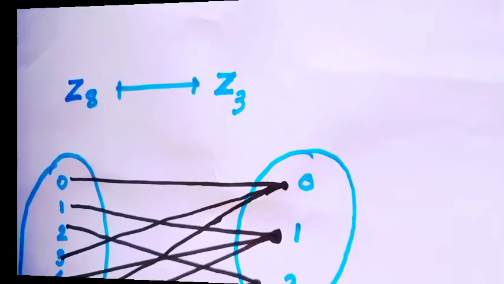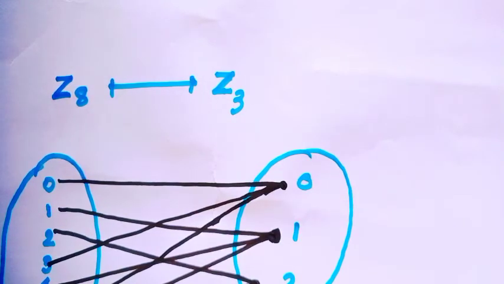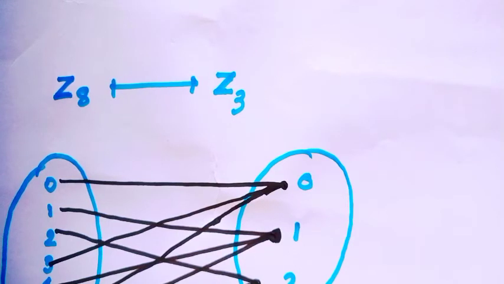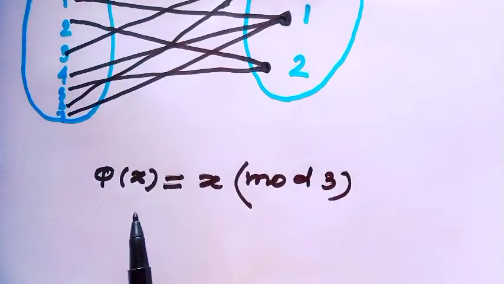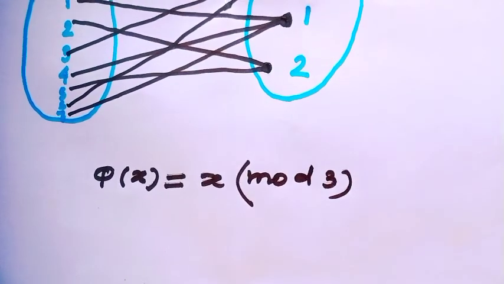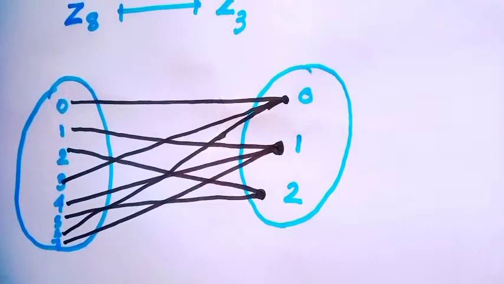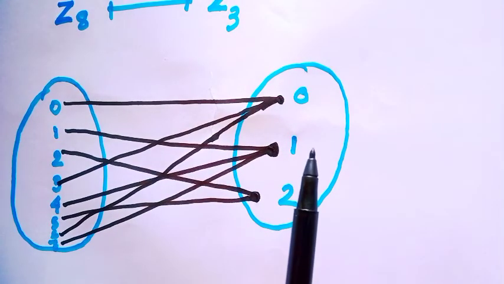Okay? I will define a new type of homomorphism, Z8 to Z3. How will I define the structure preserving between these two maps? Here I have defined homomorphism phi of x equal to x modulo 3. In a homomorphism, all of us know identity always maps to identity.